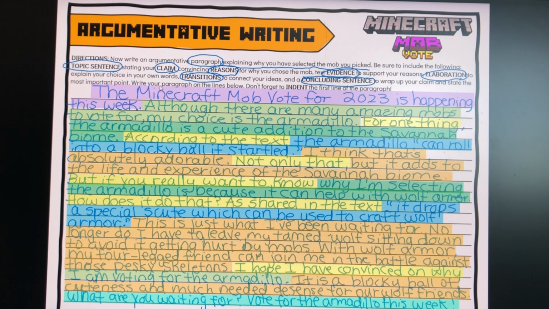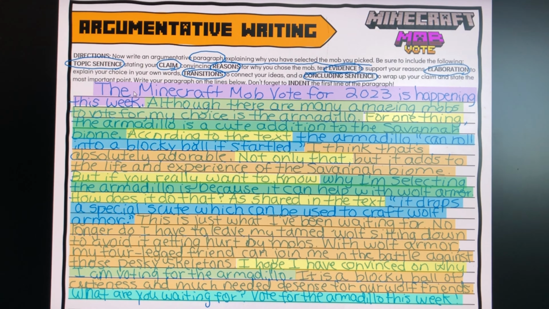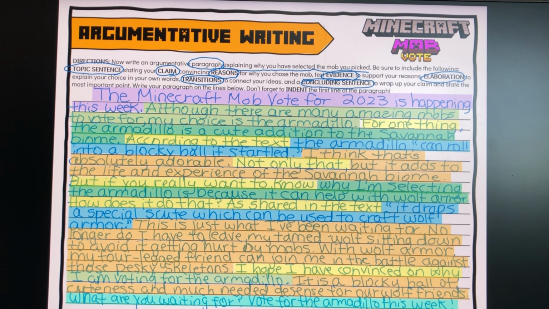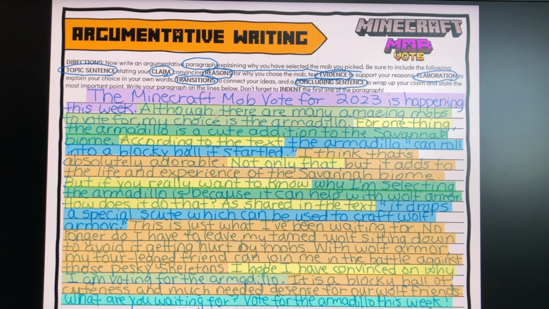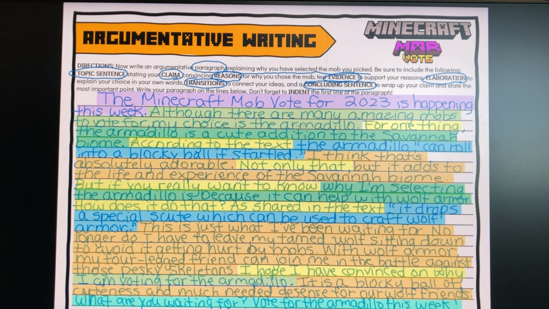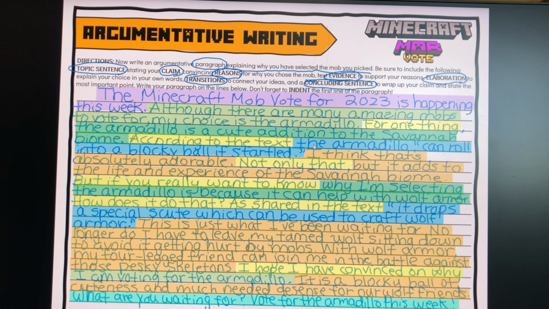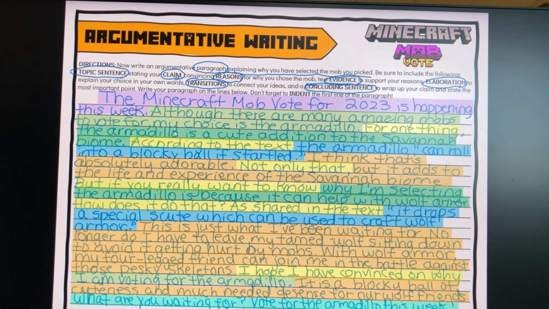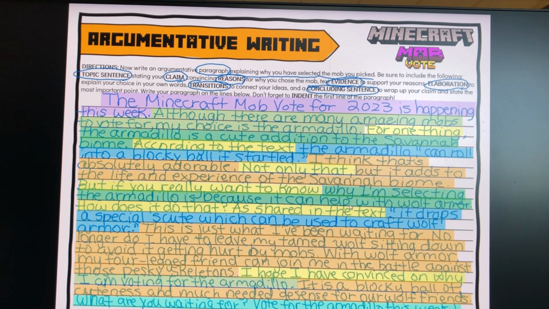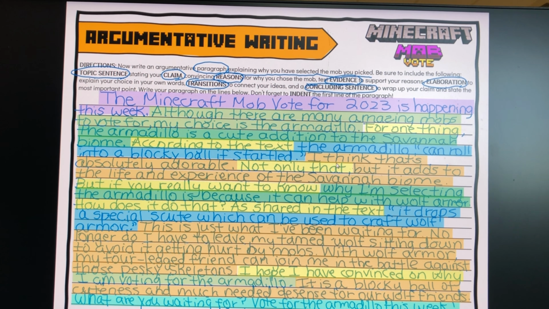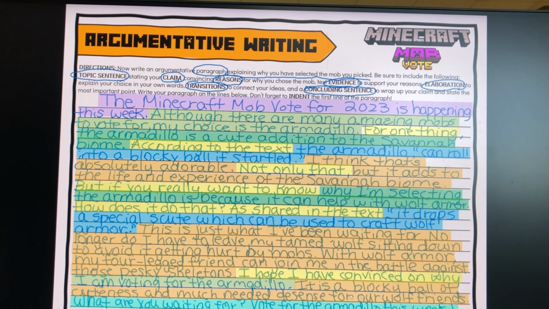This purple part over here is my opener, introducing my reader to the topic. This lighter yellowish green color is my topic sentence for the entire paragraph. My yellow is all my transitions. My regular green are my reasons. My blue is my evidence. My orange is my elaboration.